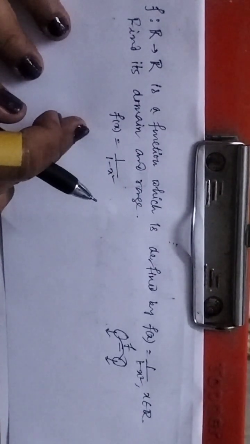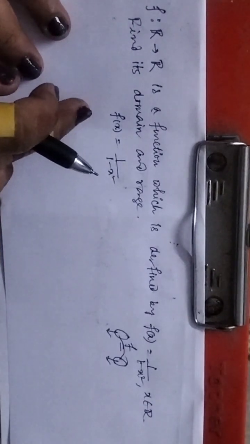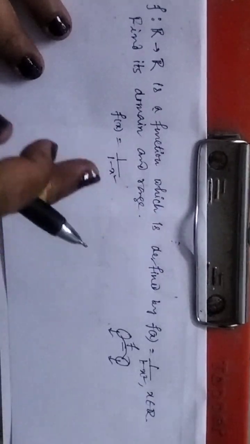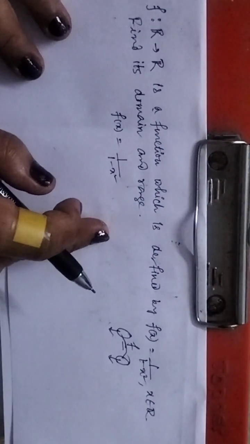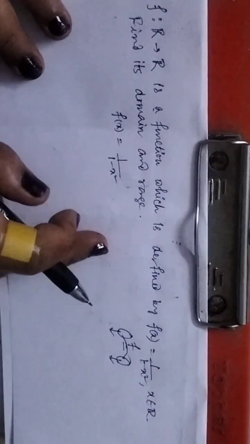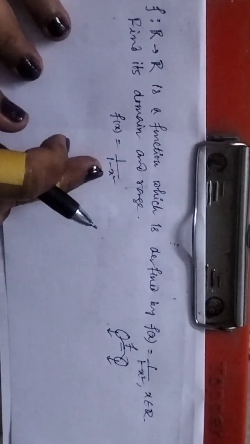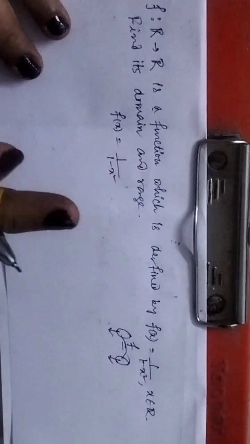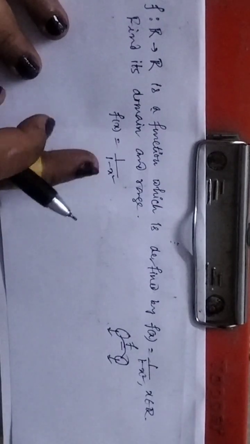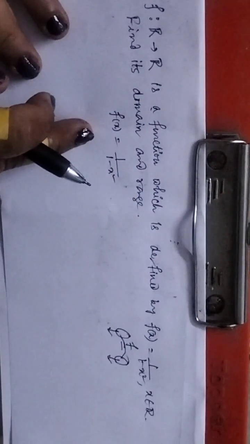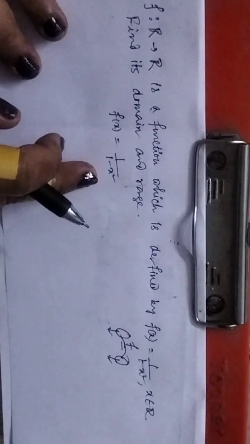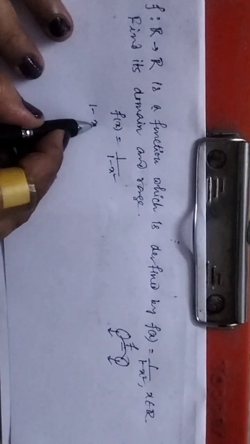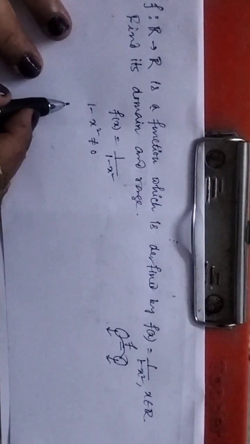So obviously f(x) will be defined for all those values of x in R which do not satisfy the relation 1 minus x square equals 0. So here we get 1 minus x square should not be equal to 0.